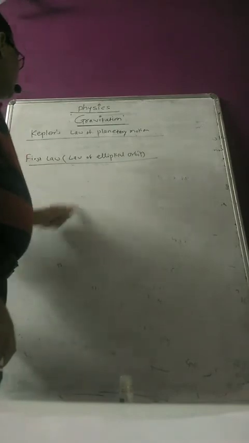What was that first law? So according to Kepler's first law, all the planets are revolving around the sun in an elliptical orbit, and in which the sun is one of the focus of that elliptical orbit. So therefore, what is that law?